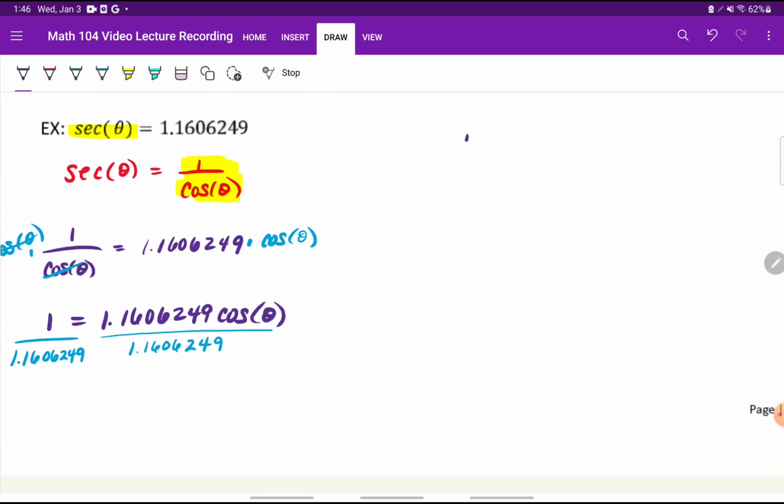That's going to bring us to 1 over 1.1606249 equal to cosine of theta.